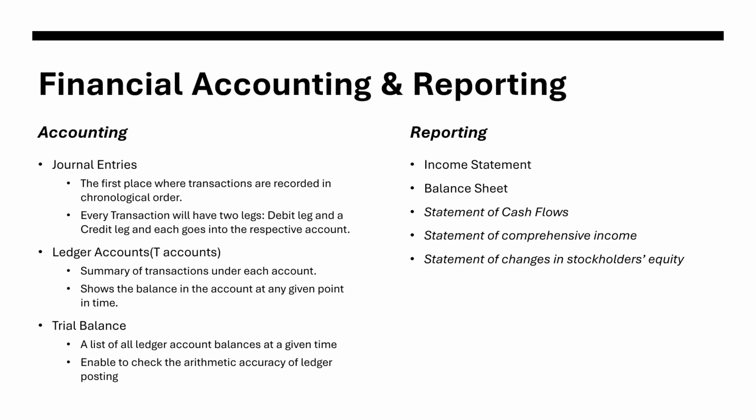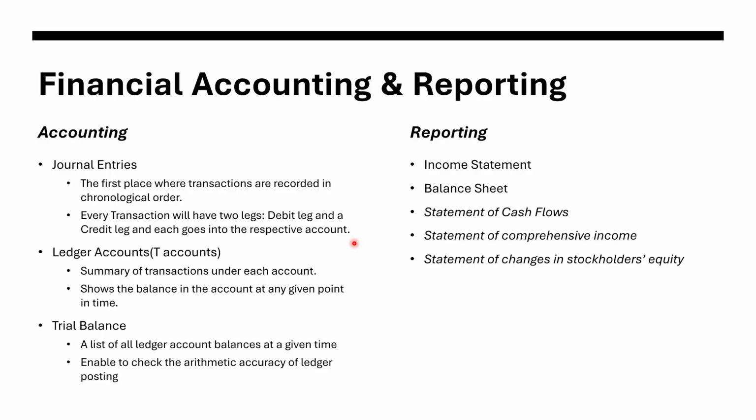So what we have covered includes, on the accounting side, passing journal entries. So we said that the journal entries are the first record of the transaction. So the first place where transactions are recorded in the order in which they occur, and every transaction will have two legs, a debit leg and a credit leg, and it will go into the respective account.